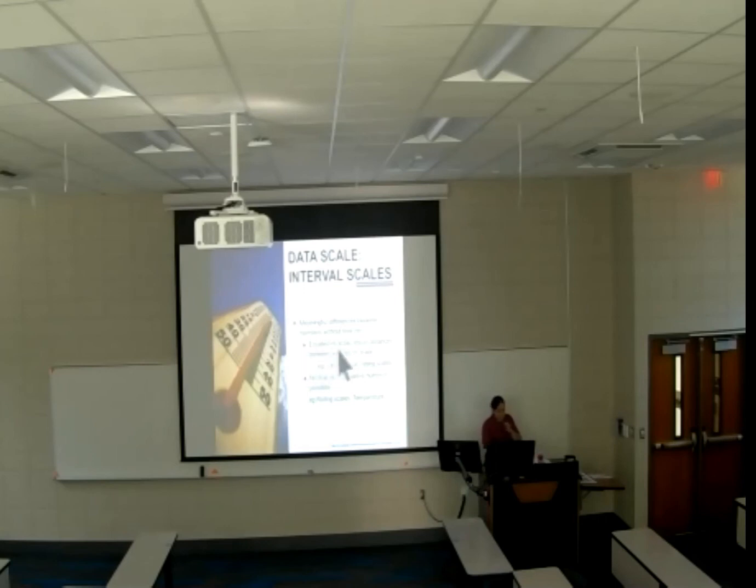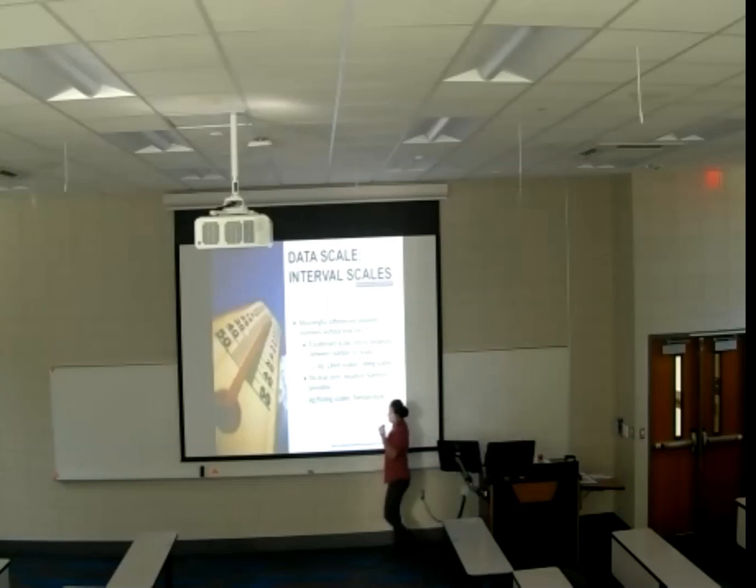Now, something interesting about interval scales is that the distances between the numbers on this specific scale are equidistant, which means that if I have a difference, that difference actually means something.